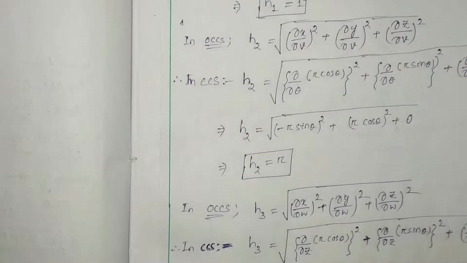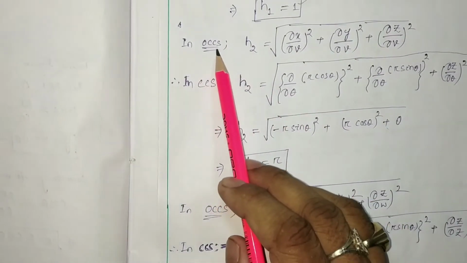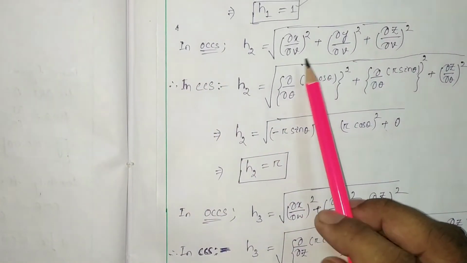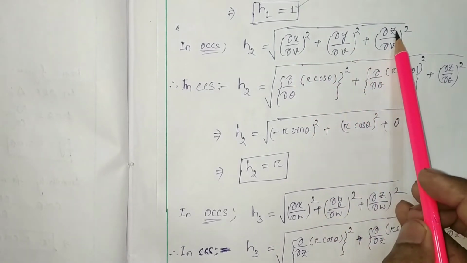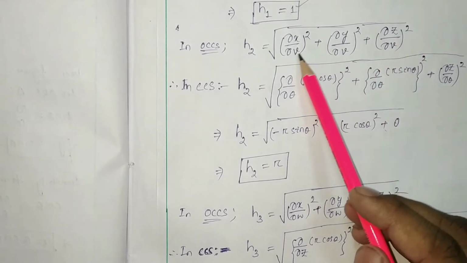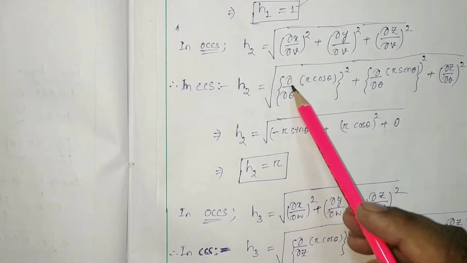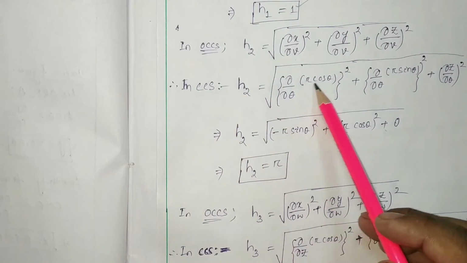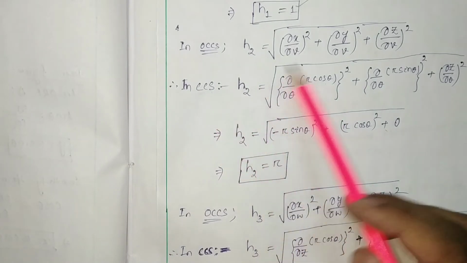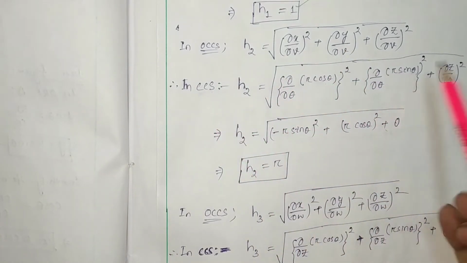Now h2 in the orthogonal system, you can check your notes from previously, is the square root of (del x by del v) square plus (del y by del v) square plus (del z by del v) square, but here we consider theta. In the cylindrical system x is r cos theta, y equals r sin theta, and z equals z.